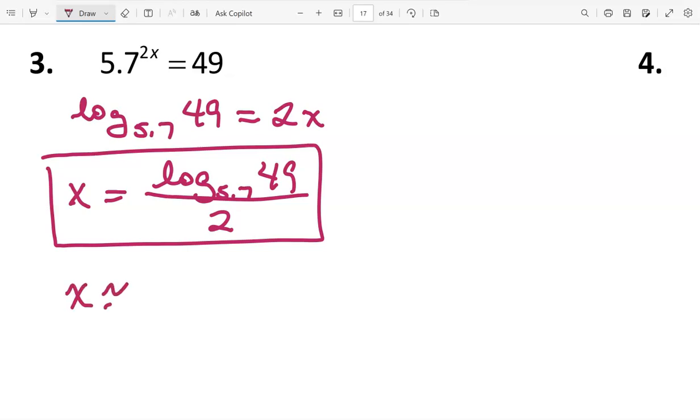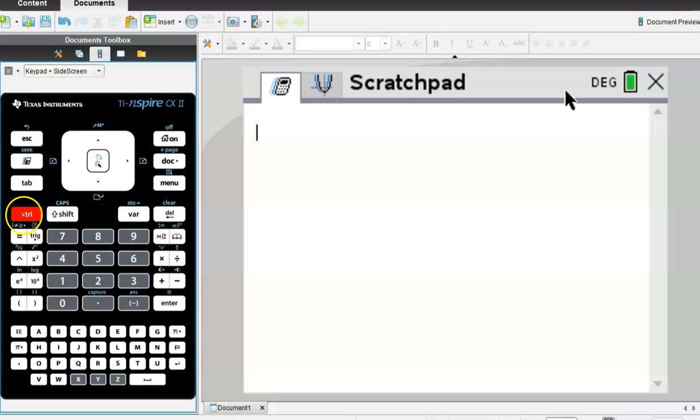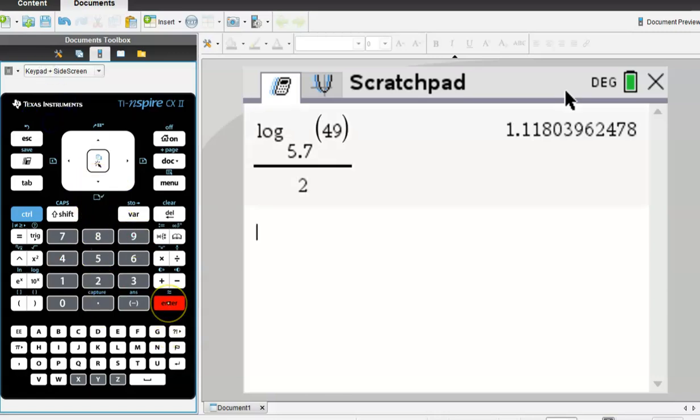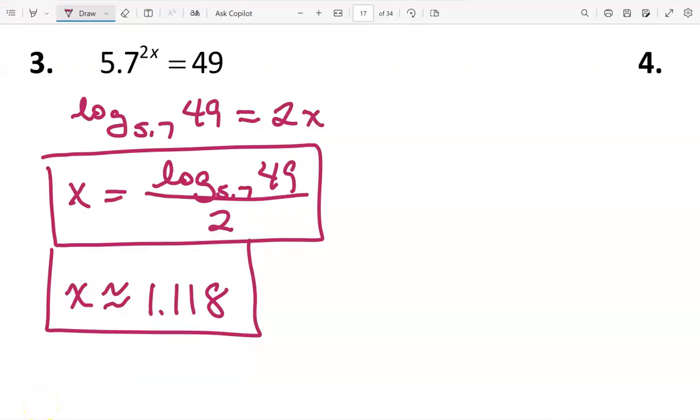Now we can find the approximate value by entering this on the calculator. To enter a fraction, control divide, and then a log base 5.7 of 49 divided by 2 gives us 1.118, which is the approximate answer.